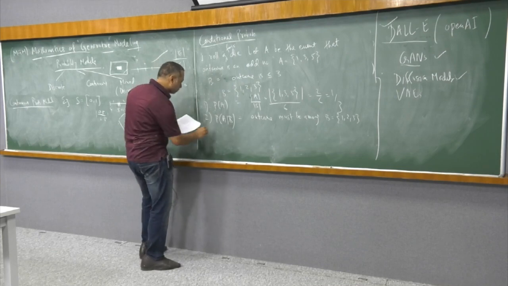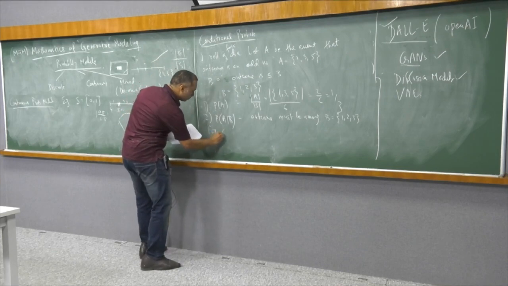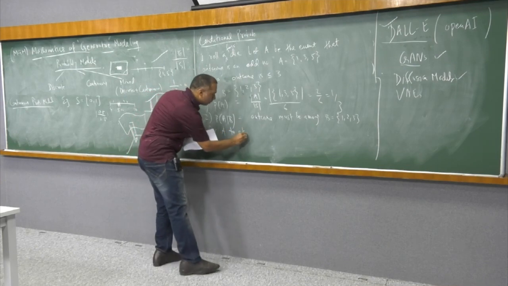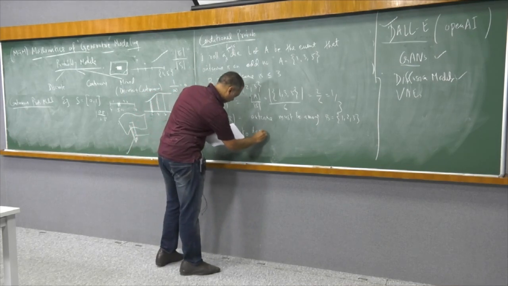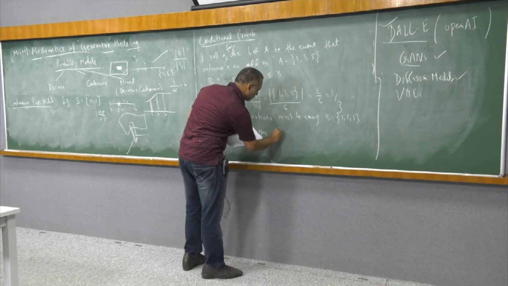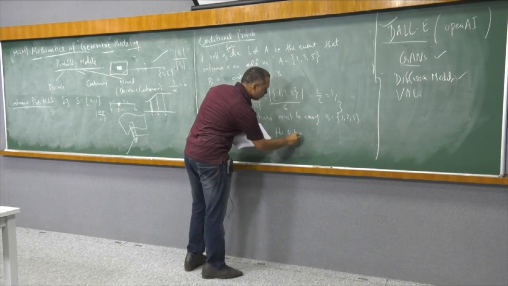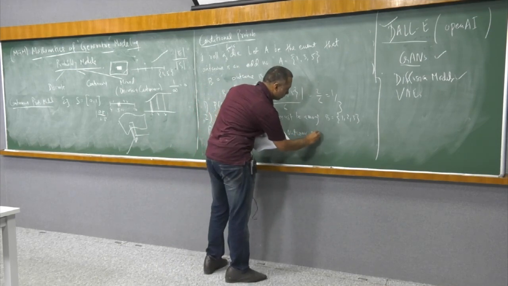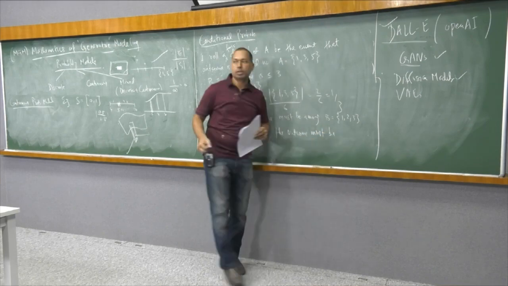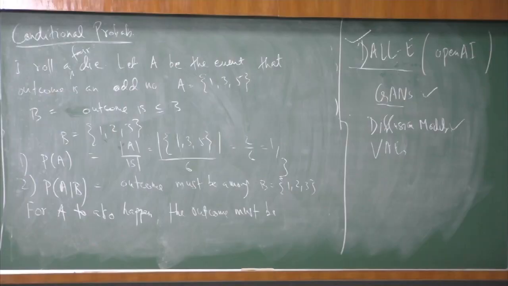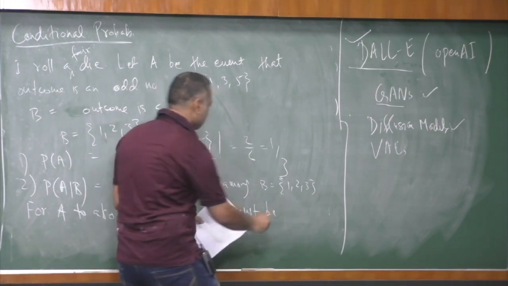So for A to also happen, the outcome must be in A intersection B.